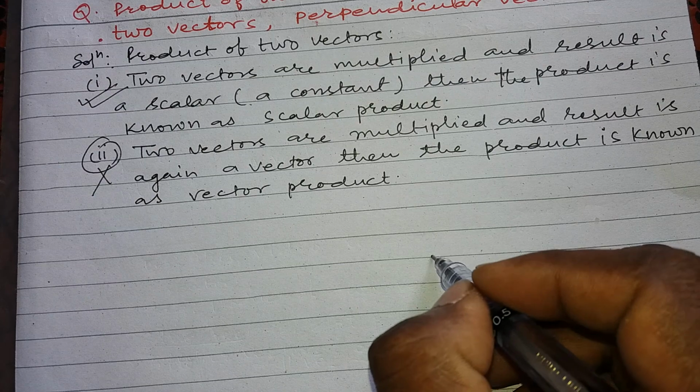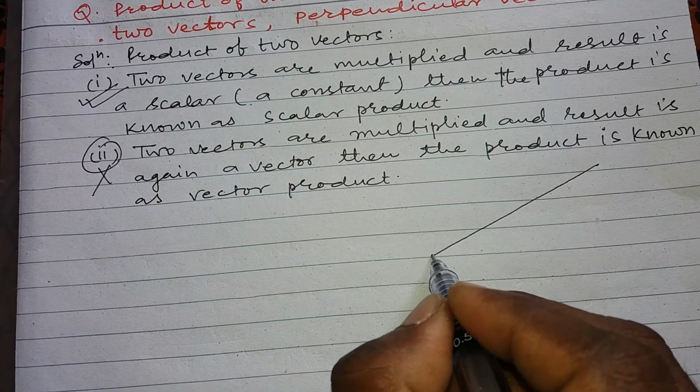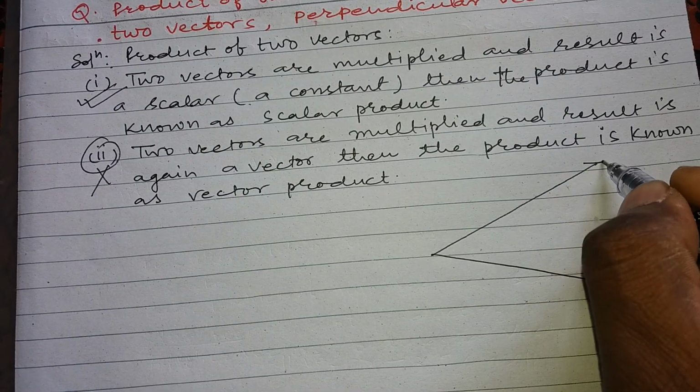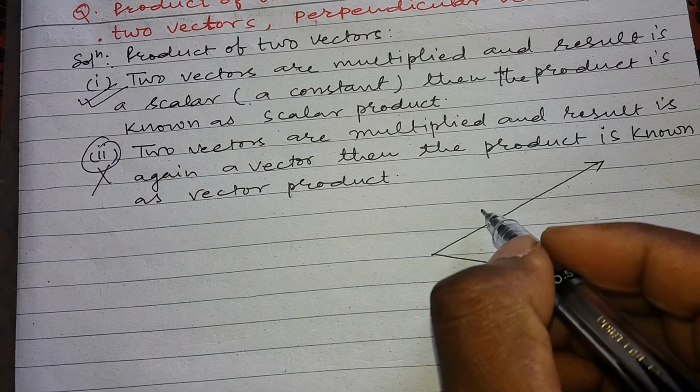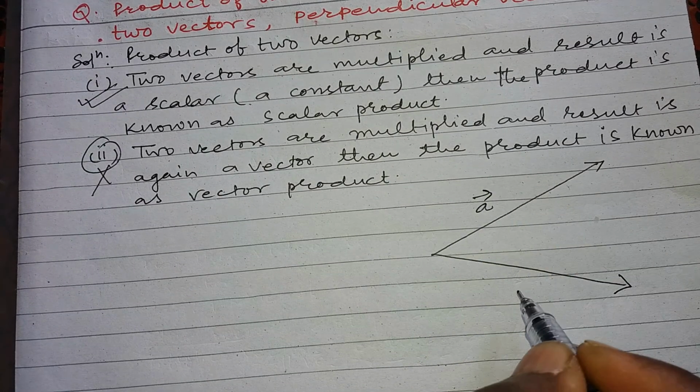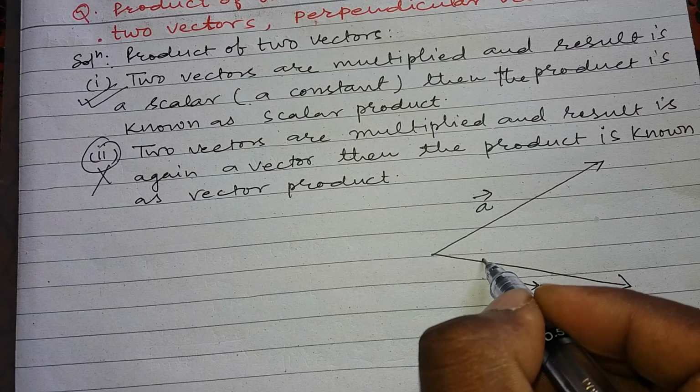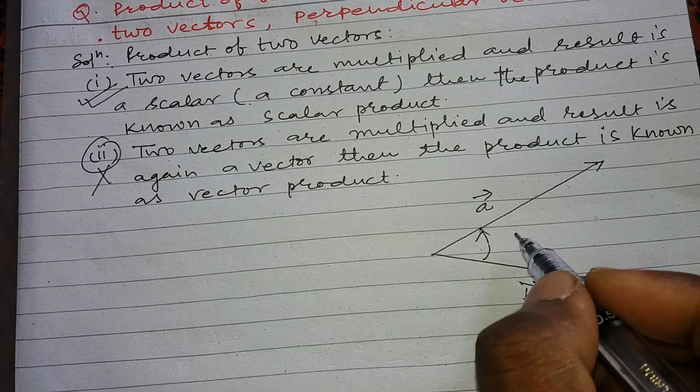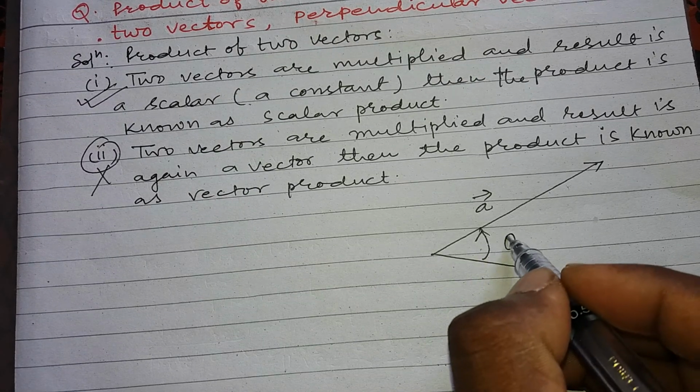For this, see here, one vector is here, another vector is here. This is denoted by vector A and this is denoted by vector B. Among them, the angle between them is theta.